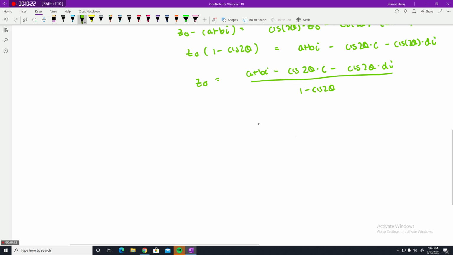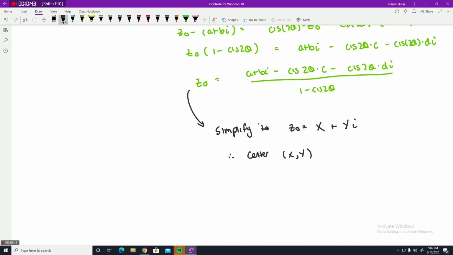So this expression will eventually simplify to z0 equal to some real component plus some imaginary component. And so therefore, the center of my circle is x comma y.